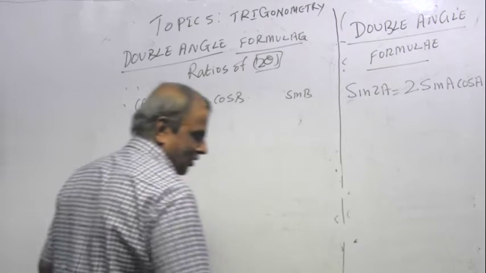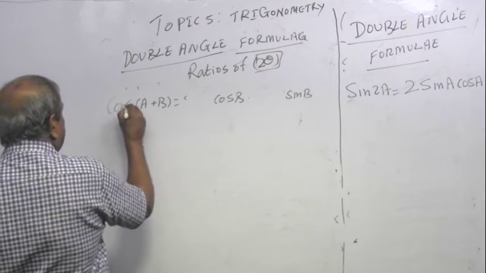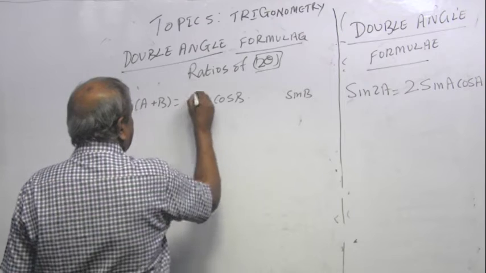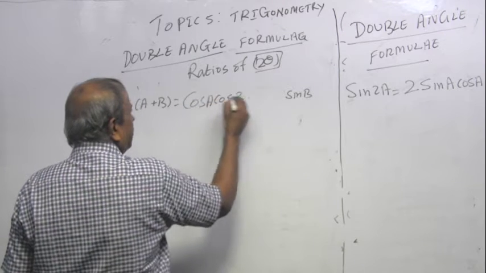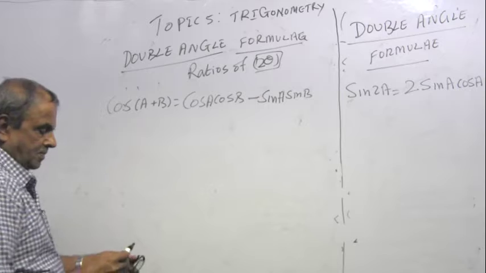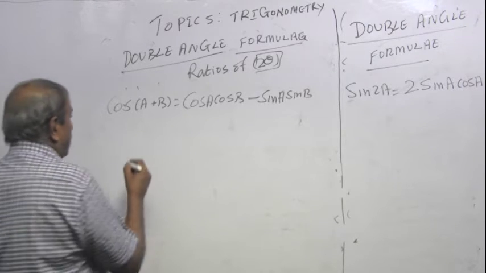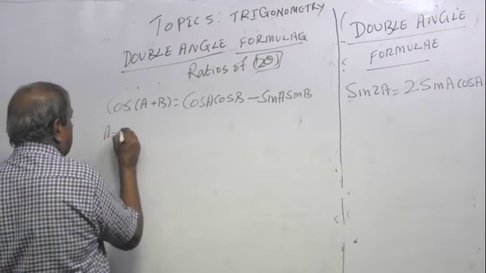Oh yeah. So now, what is cos of a plus b formula? Is cos a cos b minus sine a sine b, correct? Very good. So suppose I put a equal to b.